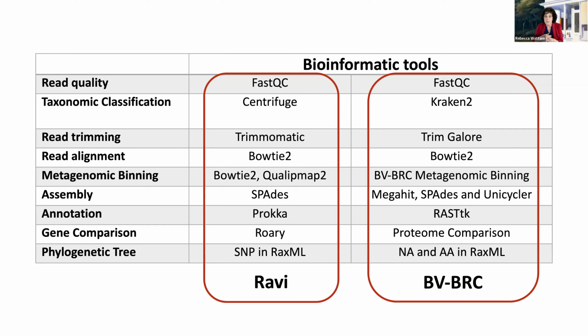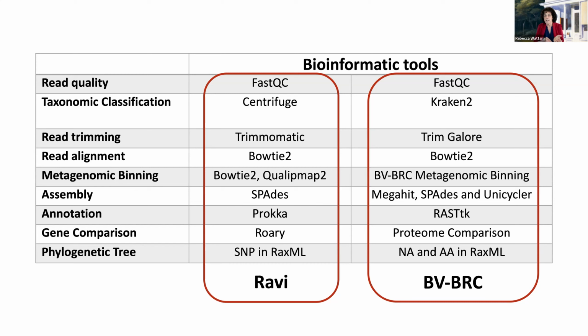For the assembly, they used SPAdes. I used MEGAHIT, SPAdes, and Unicycler. Actually, I thought Unicycler gave me the best assembly on that. For annotation, they used Prokka. We used RASTtk. For genome comparison, they used Roary. We used proteome comparison.